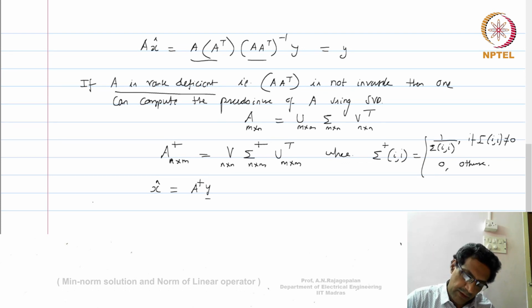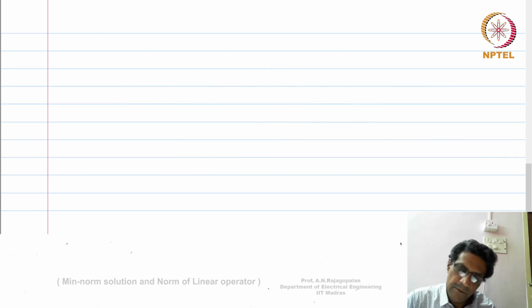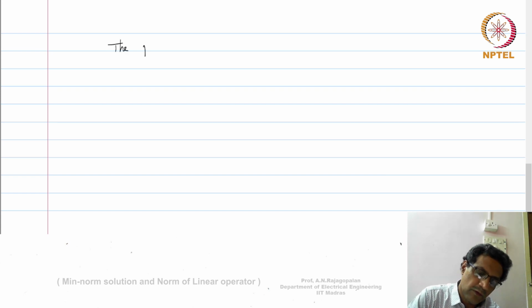Let me also mention that if you go back to your least squares solution, where we had A transpose A, you can even use this pseudo-inverse result for min norm.